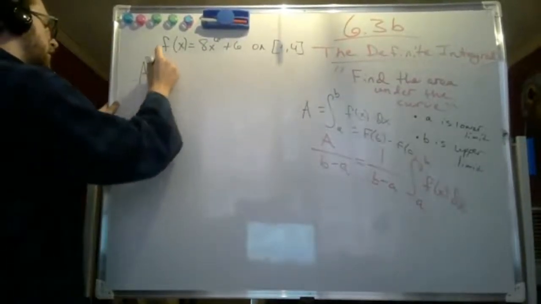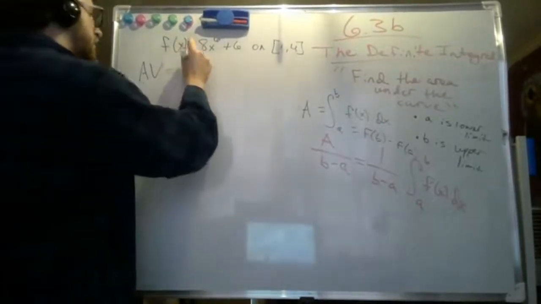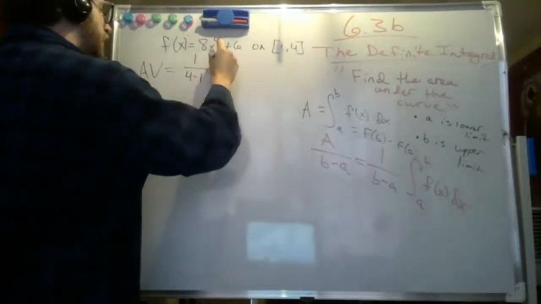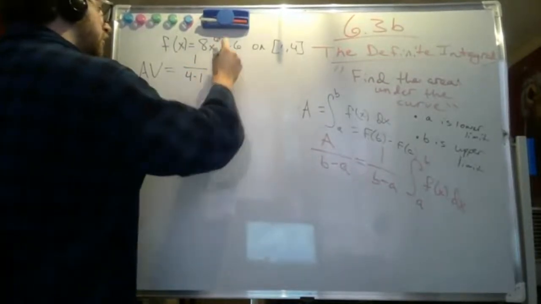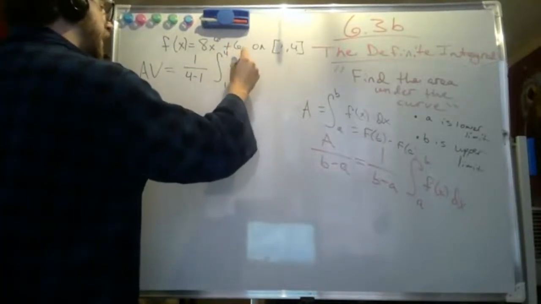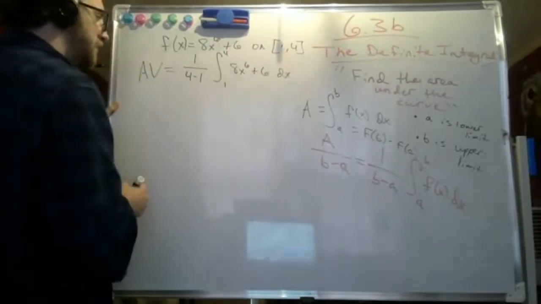Well, using the average value formula, average value is 1 divided by 4 minus 1 times the integral from 1 to 4 of our function 8x to the 6 plus 6 dx.